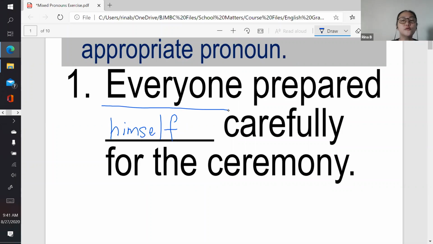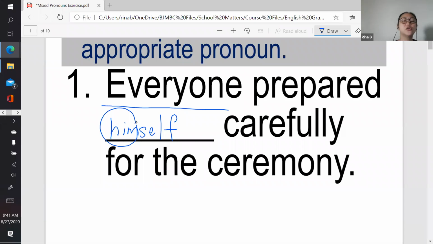So you should choose a singular pronoun. But why him? Because remember, we talked about this last Tuesday also, that if you do not know the gender of the antecedent, you always default to the male gender.